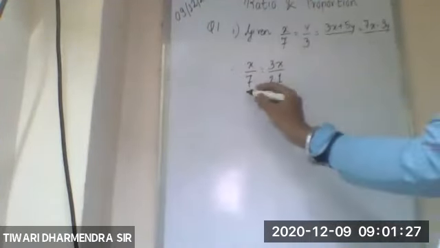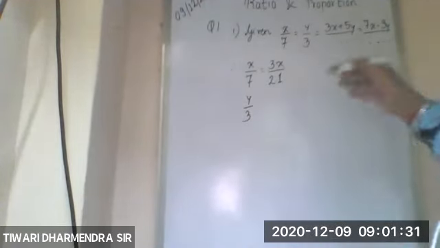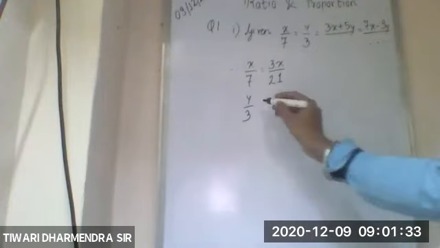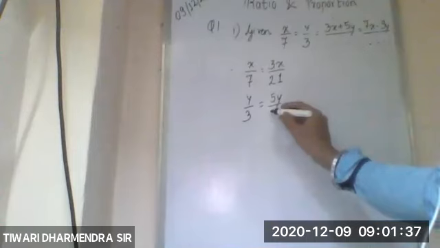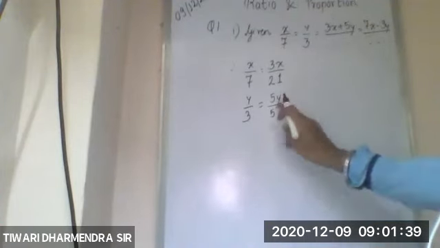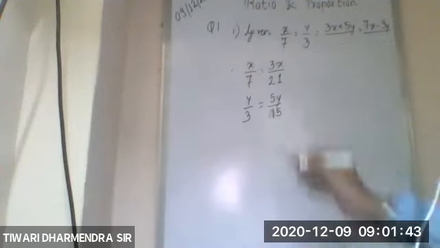I'm writing those terms, and we have y by 3. The requirement says we require 5y. So multiplying 5 in numerator and denominator, what do we get? 5 threes are 15.